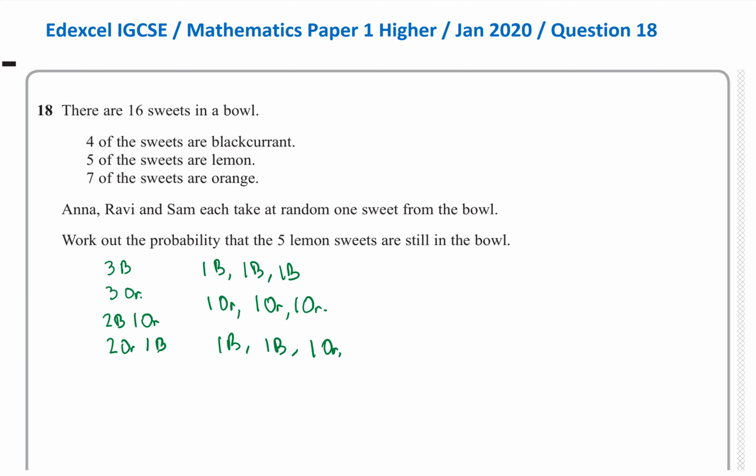Let's suppose Anna is picking a blackcurrant, Ravi picking a blackcurrant, Sam picking an orange. So it could be Anna, it could be Ravi, it could be Sam, or it could be Ravi picking a blackcurrant first and Sam picking another blackcurrant and Anna picking an orange. So we have to consider all the 3 cases of these.